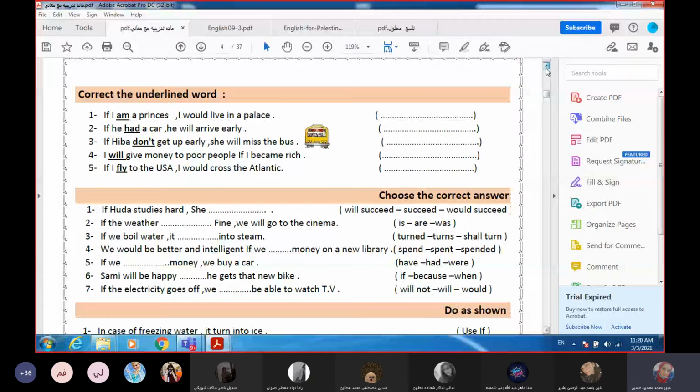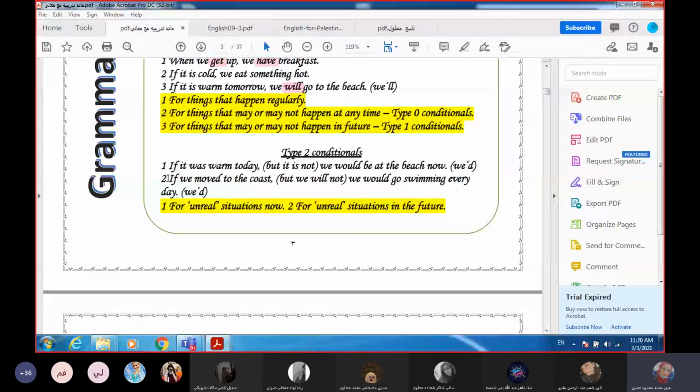If clause conditional type 2: if it was warm today, we would be at the beach now. Now notice the verb in the if clause, it's in the past, past simple. And look at the main clause here, the verb is would and infinitive.